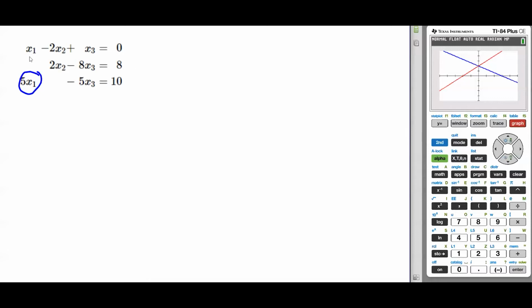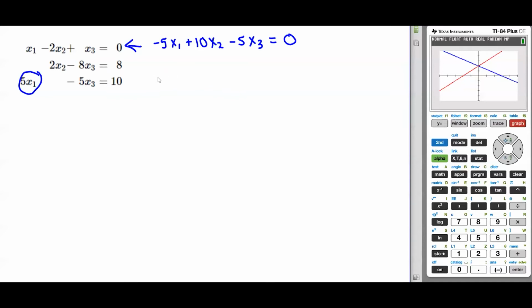I've got a 1 times x1 in the first equation, so let's multiply this by negative 5. I'll just go ahead and do it here. So negative 5x1 is going to be plus 10x2, and then minus 5x3 equals 0 times negative 5.